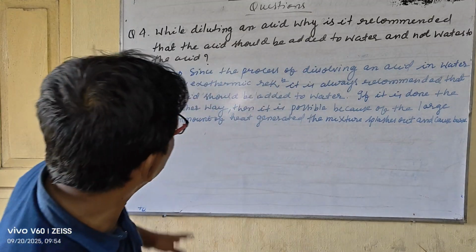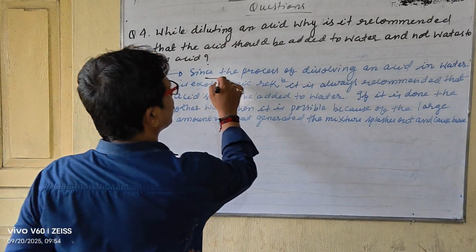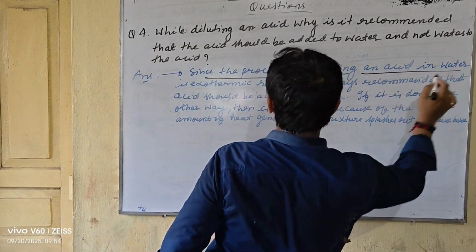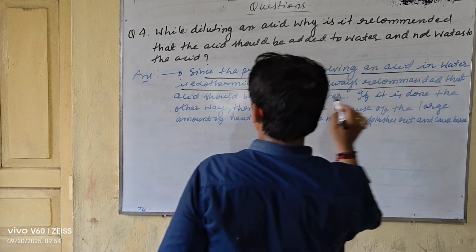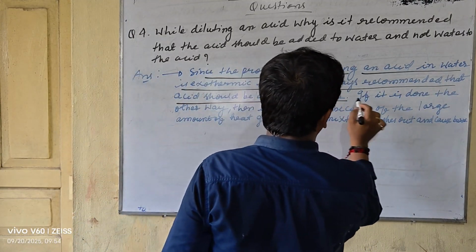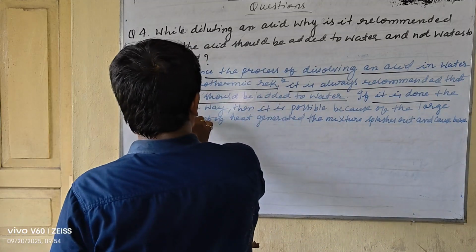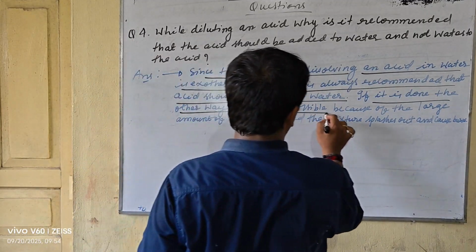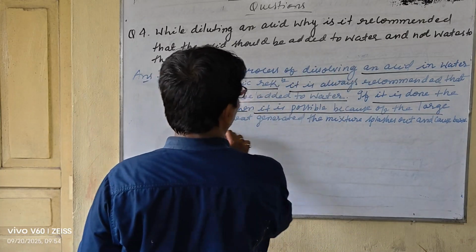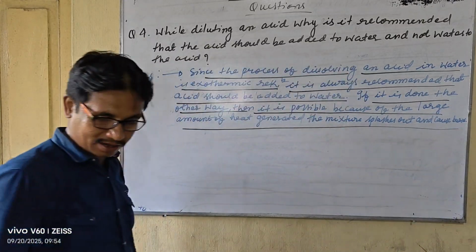So the main reason is that the process of dissolving an acid in water is exothermic, and it is always recommended that acid should be added to water. If water is added to acid, the large amount of heat generated may cause the mixture to splash out and cause burns.